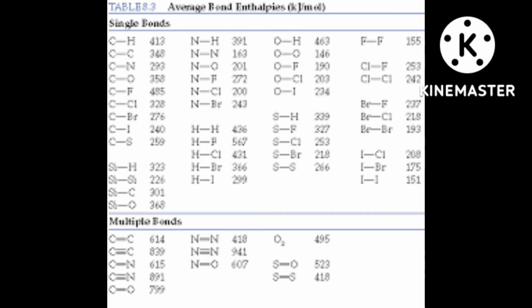The bond dissociation enthalpy is the change in enthalpy when 1 mole of covalent bonds of a gaseous covalent compound is broken to form products in the gas phase. Both should be in gas phase. Then bond energy and atomization are the same.